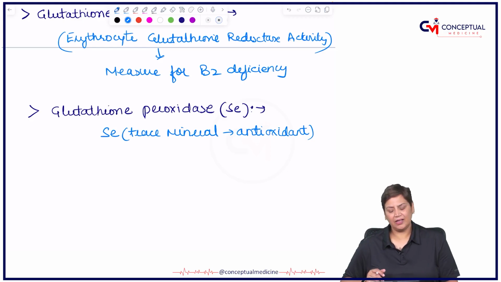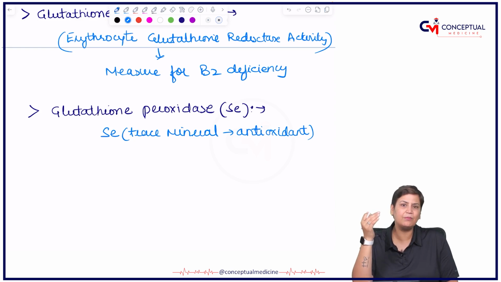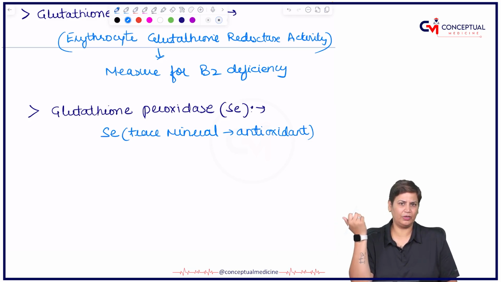So these are the important points about this HMP shunt, which is generating NADPH and ribose sugar. NADPH is required for a variety of reactions, and it has a very important role to play in the integrity of RBCs. The second is ribose sugar, which is required for the synthesis of purines, which will be discussed in the mol bio videos.